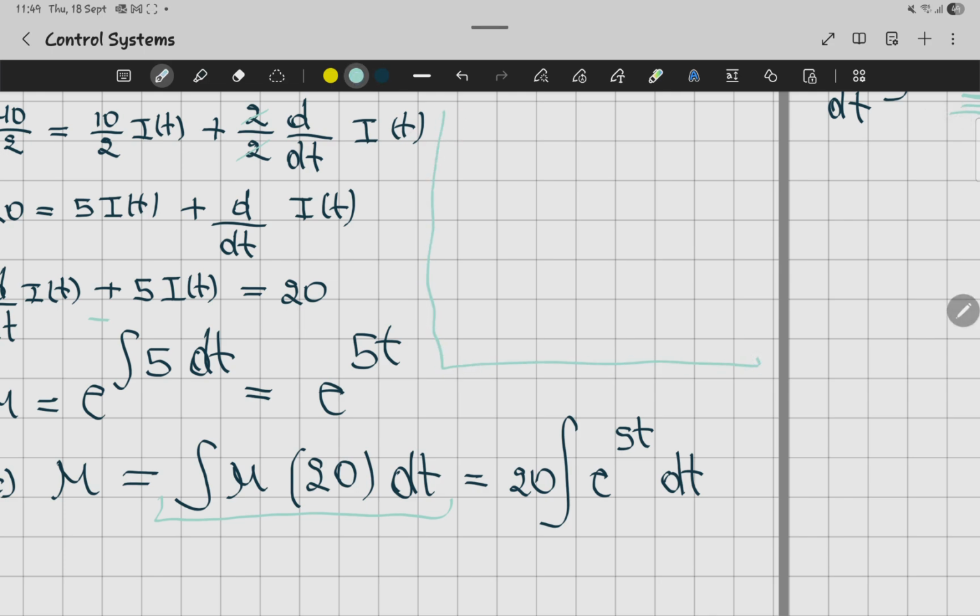Whenever you solve for the integral of e to the power of, let's say for example at, the answer that you will get is e to the power of at over a. This is how you're going to solve it, and this is the formula that we use. Let me just write it down, this is the integral formula.